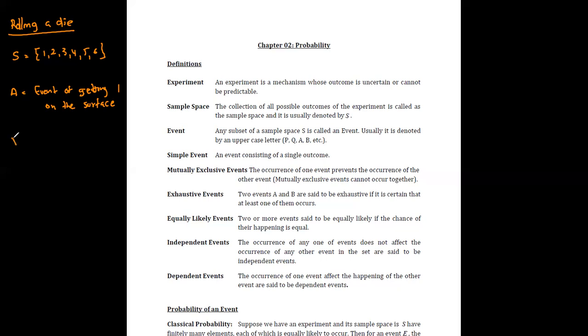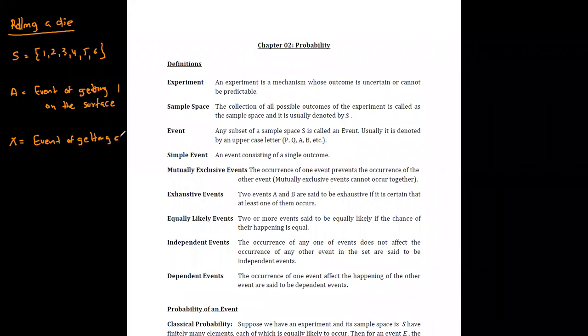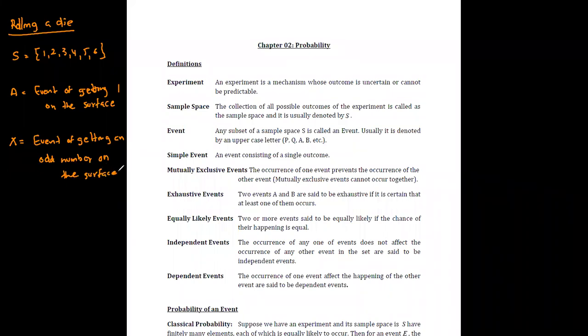And if I take another event as X, I am saying the event of getting an odd number on the surface. Likewise, we can identify the events. When we are defining the events, for each event we can identify the elements.